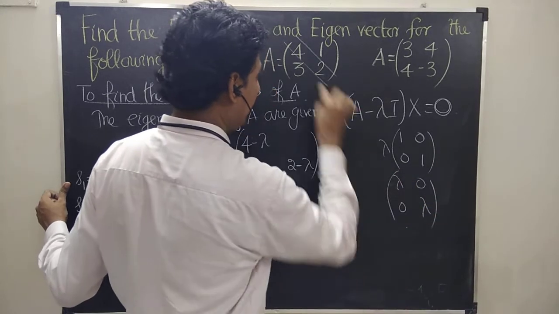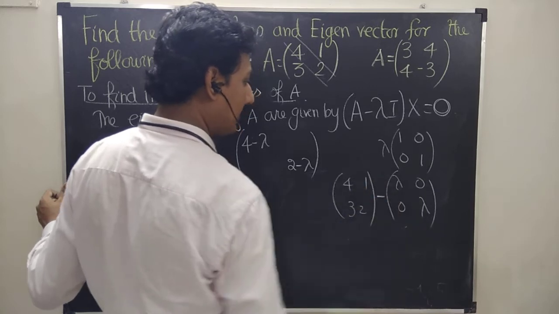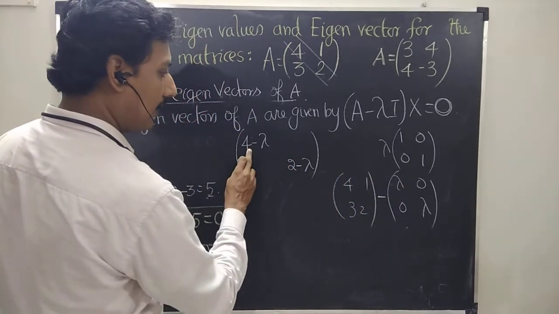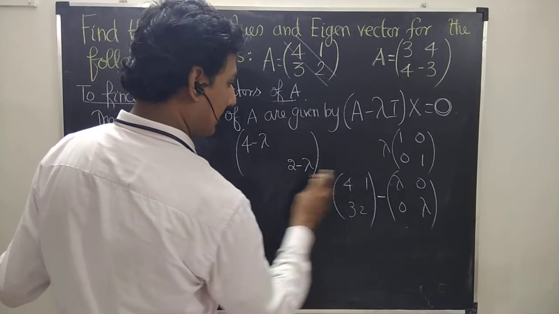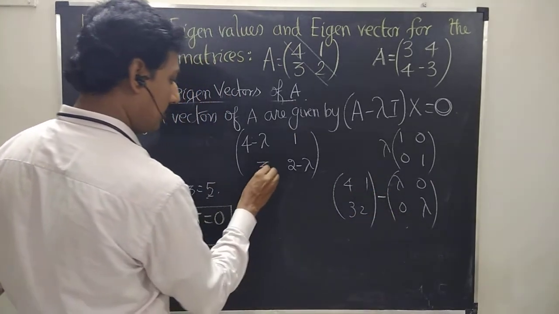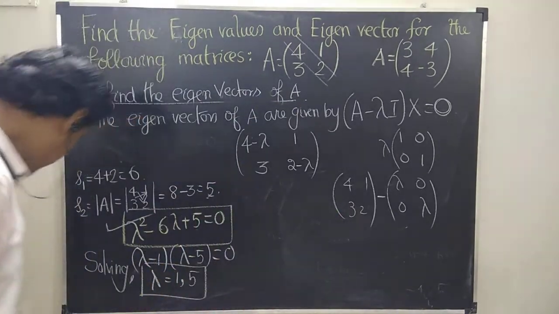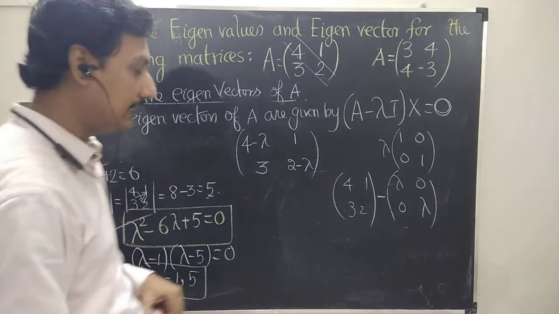A is 4, 1, 3, 2. To subtract this, we get 4 minus lambda, here 2 minus lambda. What about this term? 1 minus 0 is 1, 3 minus 0 is 3. So the change is only in the diagonal alone. So this is A minus lambda I.